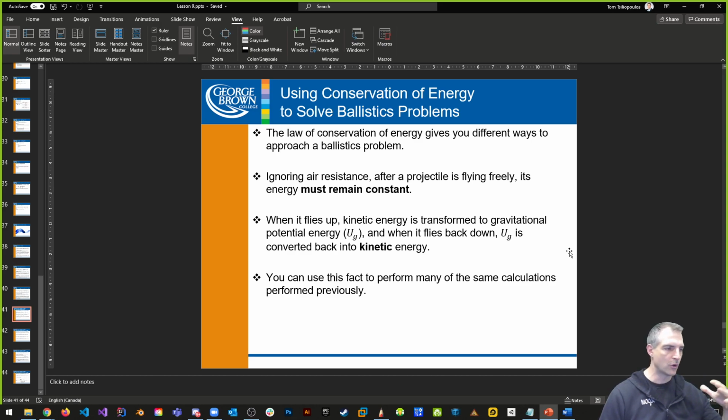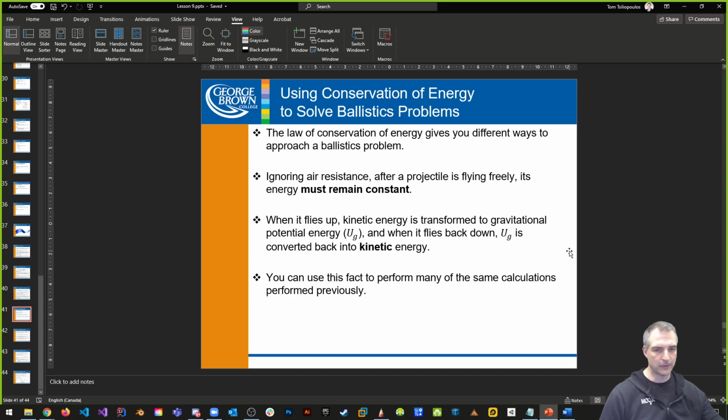So if there's nothing acting on it, so there's no gravity, a projectile's flying in space, right? Then there's no energy transfer. It's just going to keep on flying in the same direction. A body at rest tends to stay at rest. A body in motion tends to stay in motion unless some other energy or something applies, a force is applied to the body. It's going to keep going in the same direction. Okay?